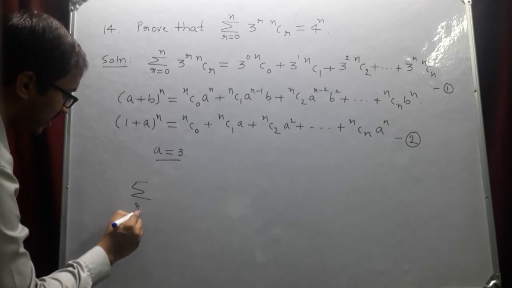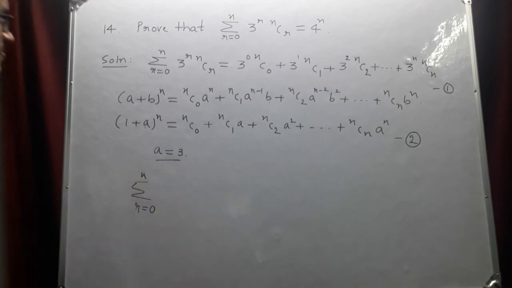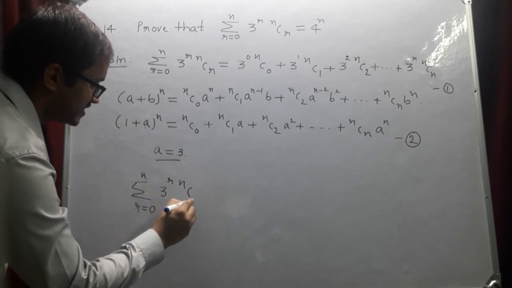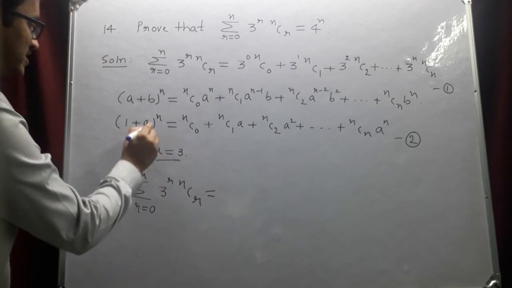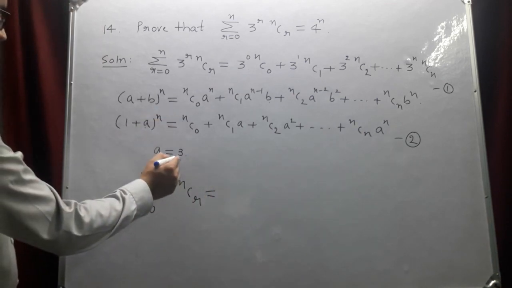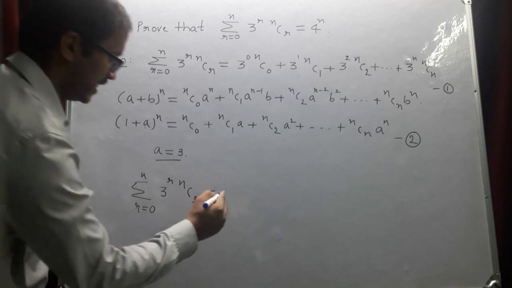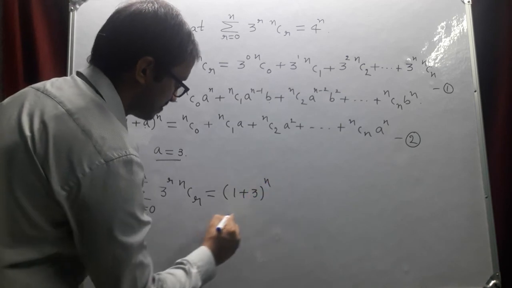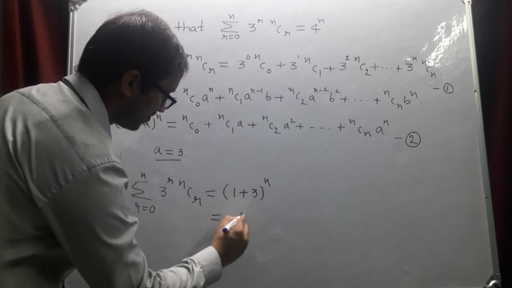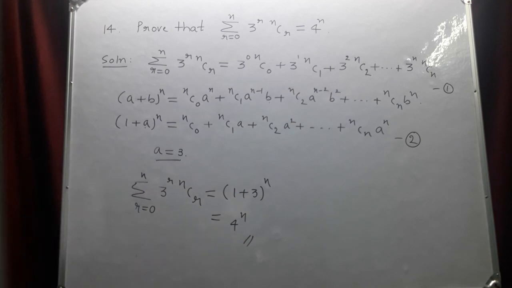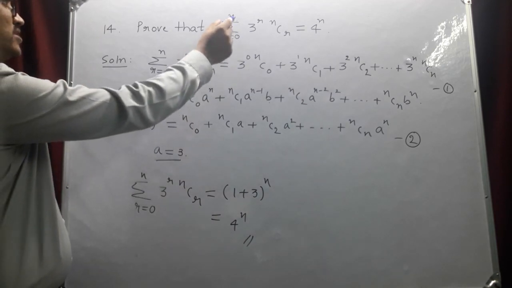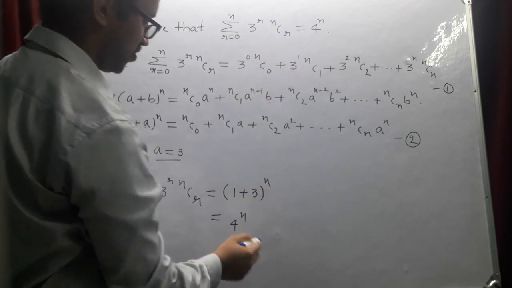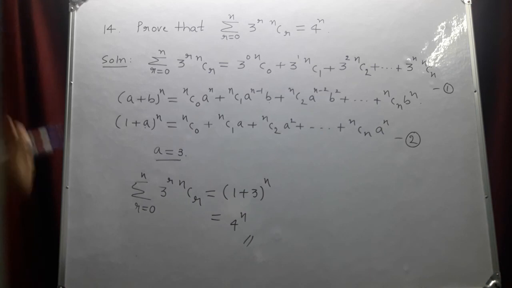Summation of r is equal to 0 to n, 3 power r into nCr should be the same as 1 plus a power n, but I took a is equal to 3 here. So what I will get? 1 plus 3 power n, that is 4 power n. So we obtained summation of r is equal to 0 to n, 3 power r nCr is equal to 4 power n. So thank you.